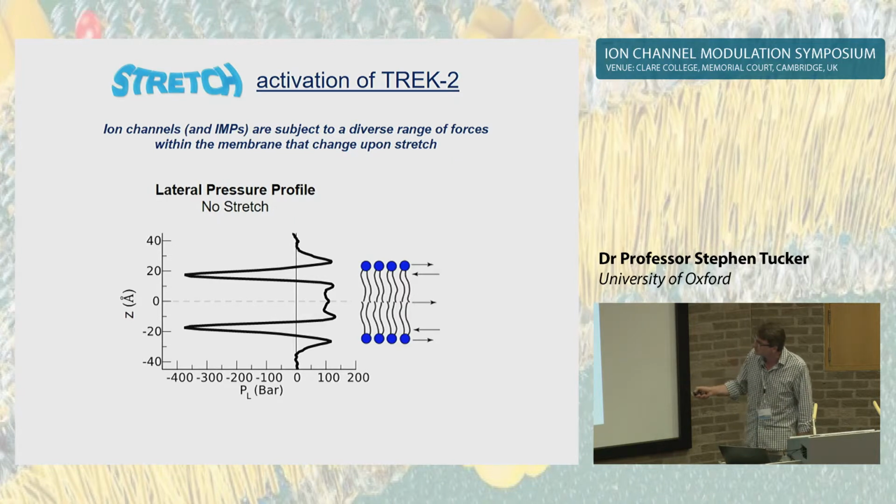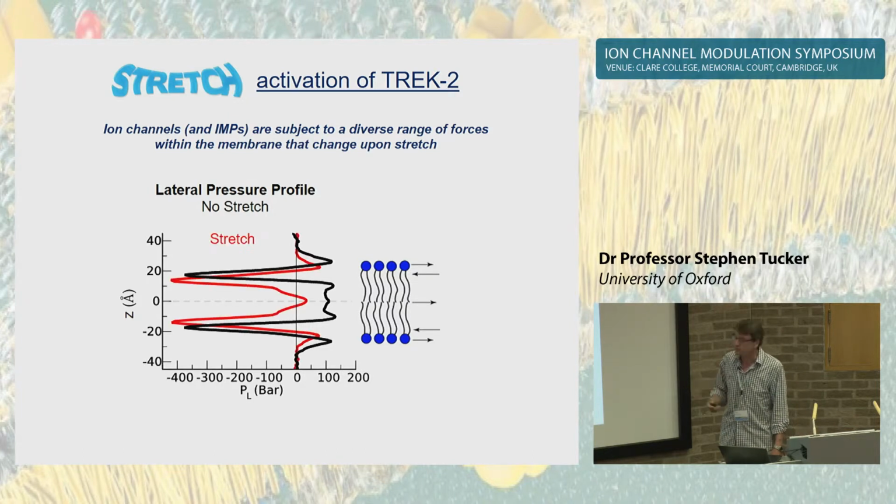So this is very typical of a pressure profile across a typical bilayer. And this changes when you stretch it. So as the area per lipid increases here, you see a reduction in these positive pressures, particularly within the core of the bilayer. Now, the membrane thins very slightly, and the tension at these peaks here also increases very slightly.